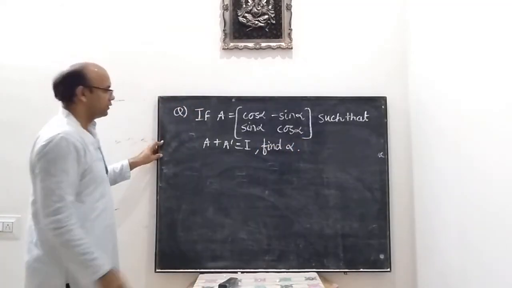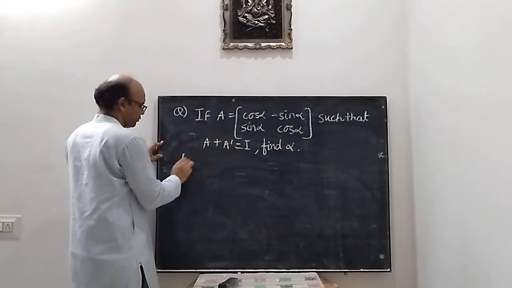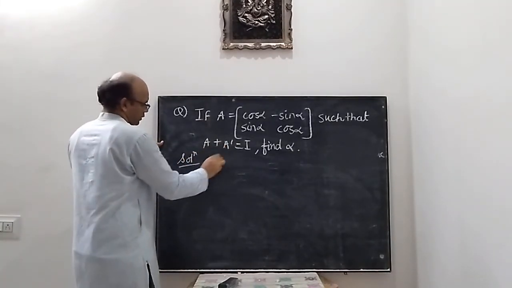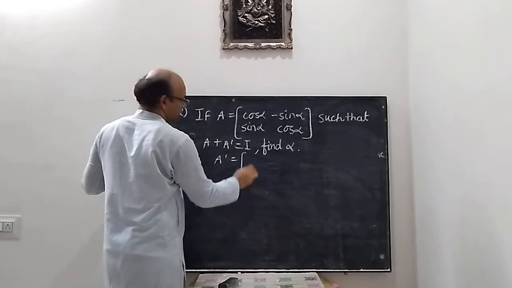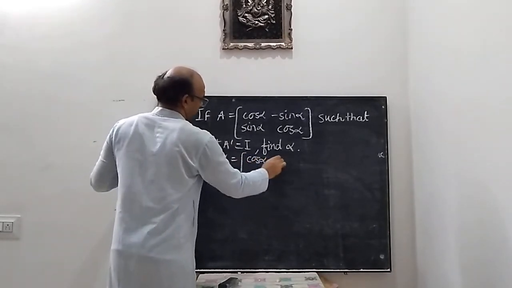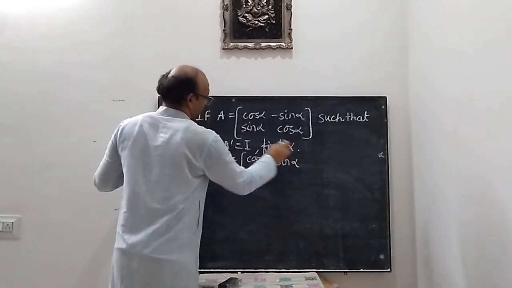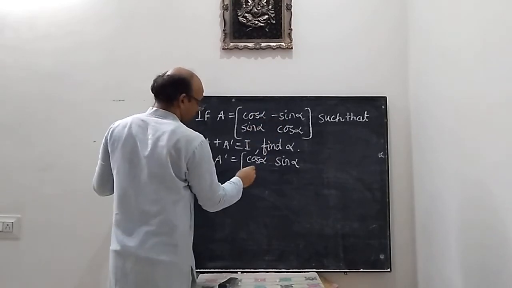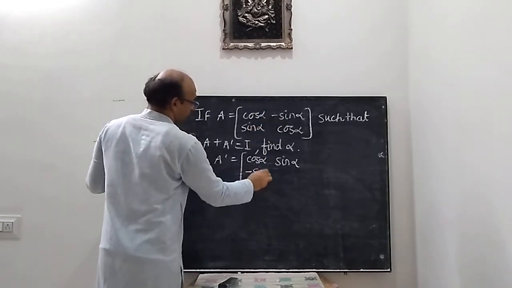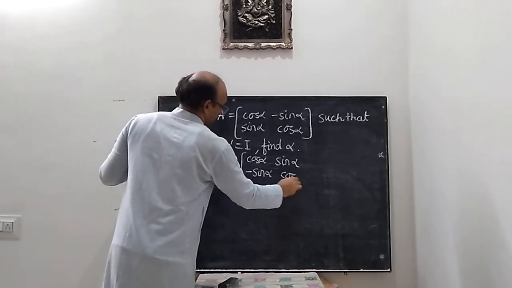So we simply find A transpose. A transpose is cos alpha, sin alpha, minus sin alpha, cos alpha. The first column becomes the first row, and the first row becomes the first column.